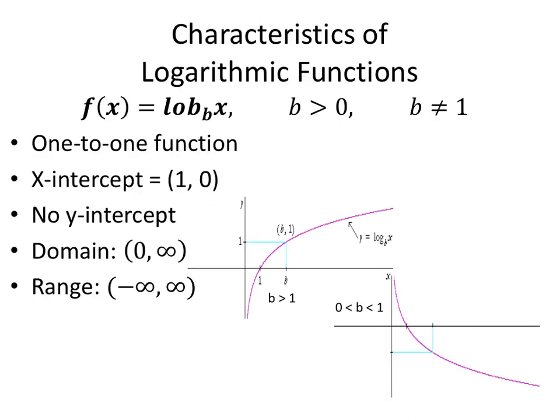All right, these are characteristics of logarithmic functions. Oh, that says lob. Sorry, that's a typo. The G and B are close together, so I don't feel too bad. But it's log. Log base b of x. Where are the asymptotes if we were to look at those two purple lines?